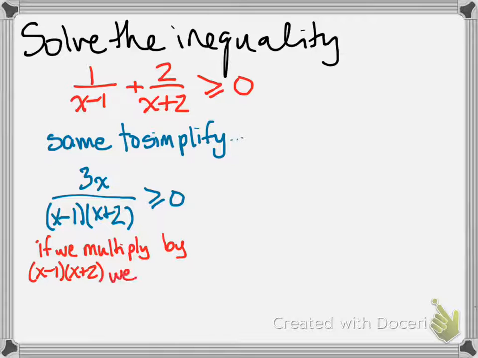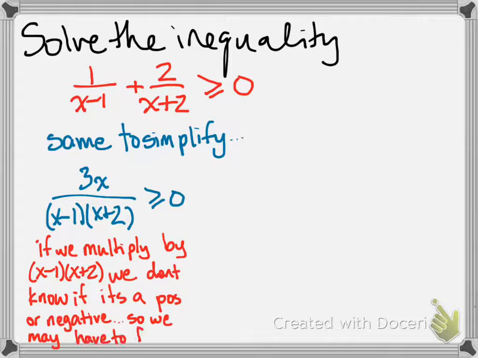But now, if we multiply both the top and the bottom by x minus 1 times x plus 2, we don't know if that's positive or negative. And remember, if we multiply both sides by a negative, we would have to flip that inequality. Because x is unknown, for example, if x was negative 2, then negative 2 minus 1 is negative 3, which means I'm multiplying both sides by negative 3.